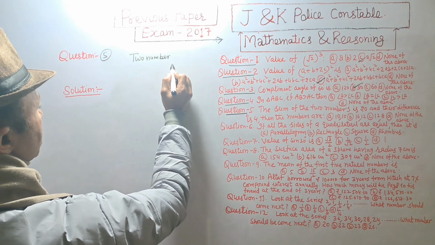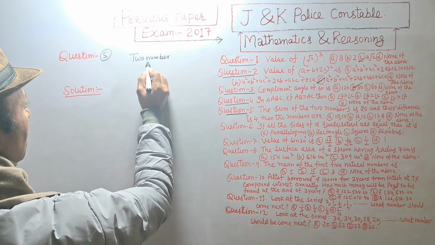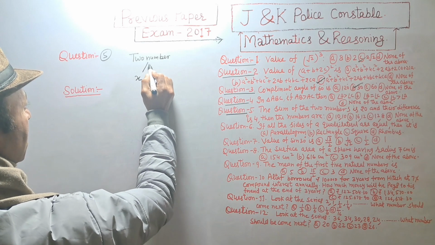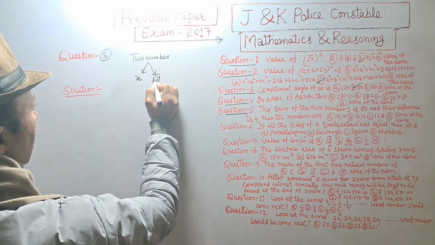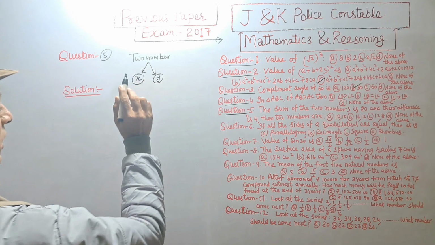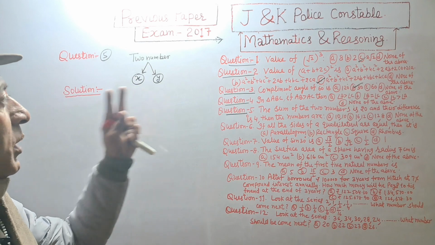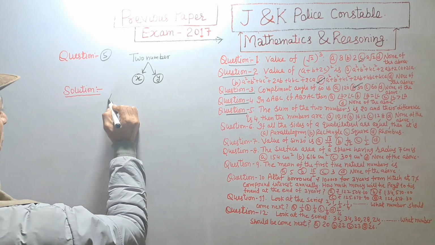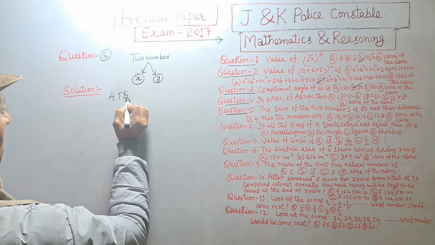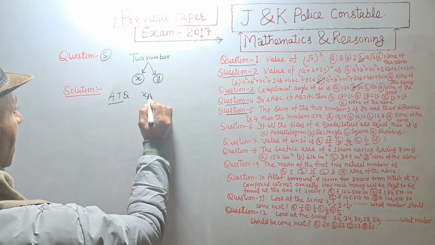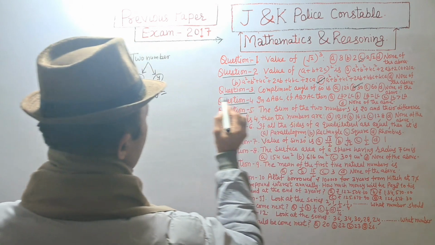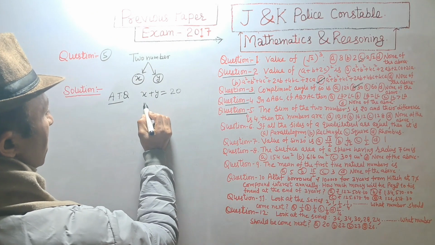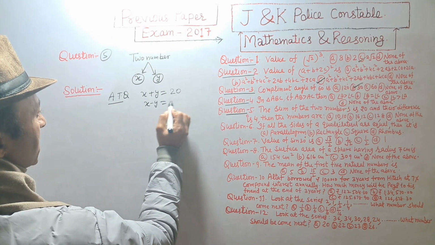Let X and Y be two numbers. According to question, X plus Y is equal to 20, the sum of two numbers, and X minus Y is equal to 4.